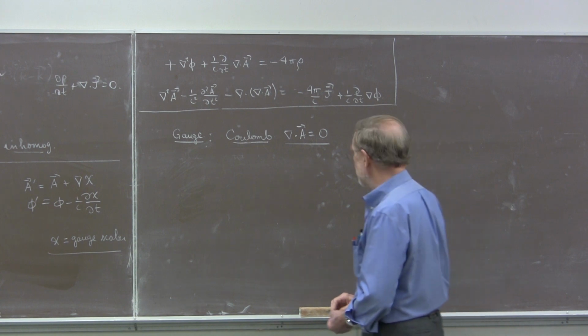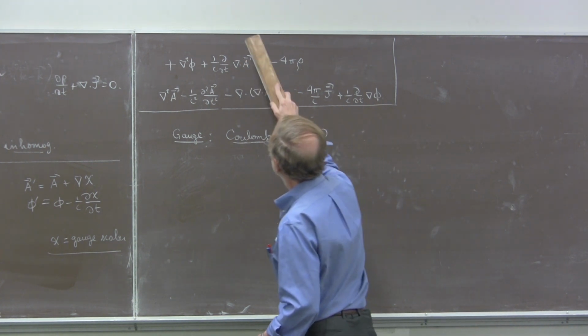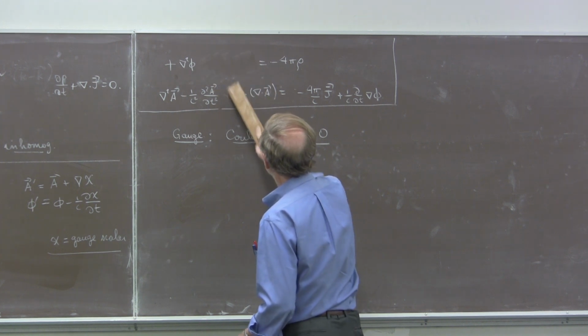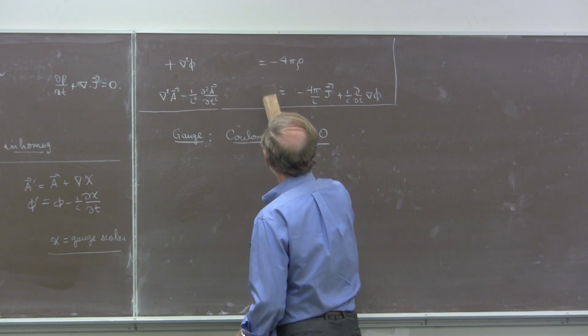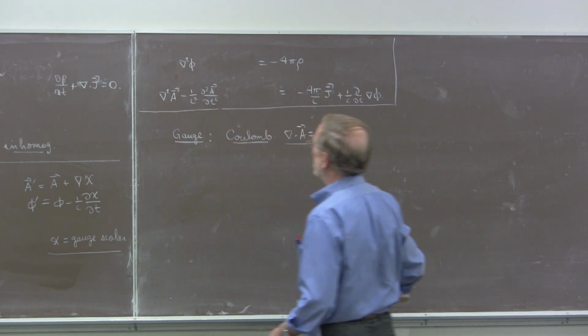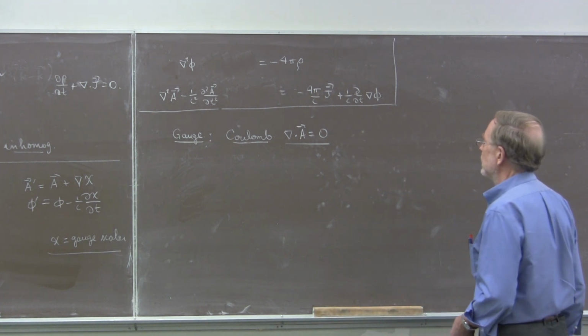If we do this, you can see the equations of motion simplify, so I'll use my eraser to do that. This term goes away right there, and this term goes away there in the Ampere's law. And so what you've got is a version of Gauss's law at the top, and a version of Ampere's law at the bottom.